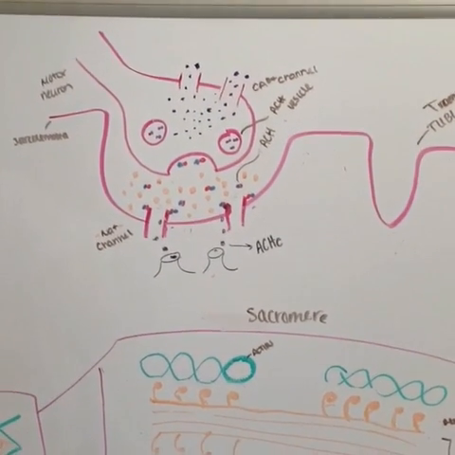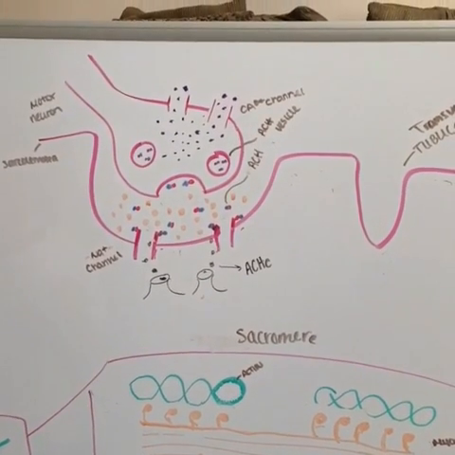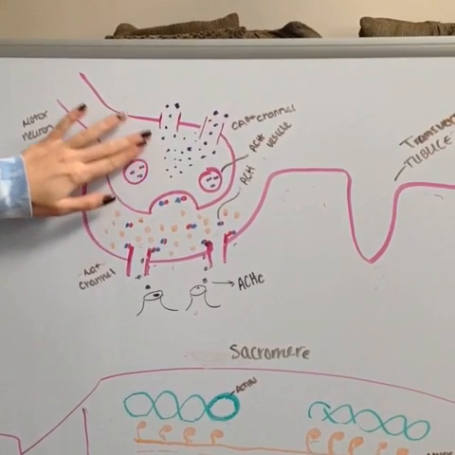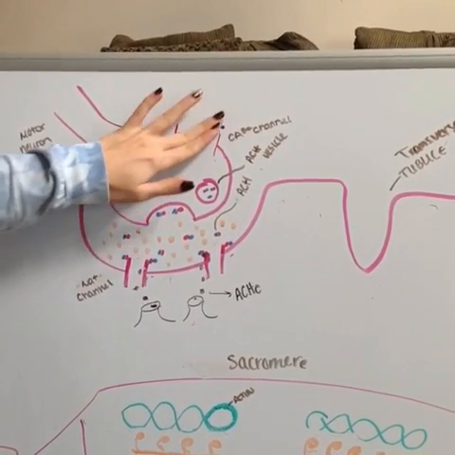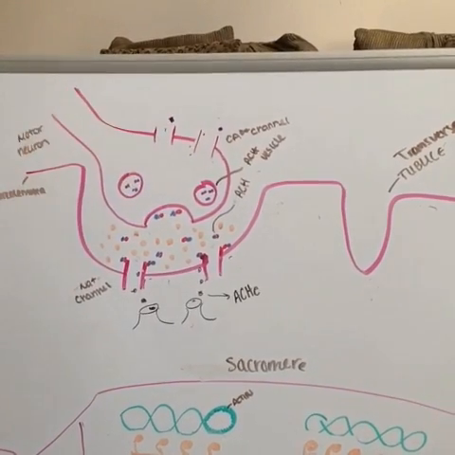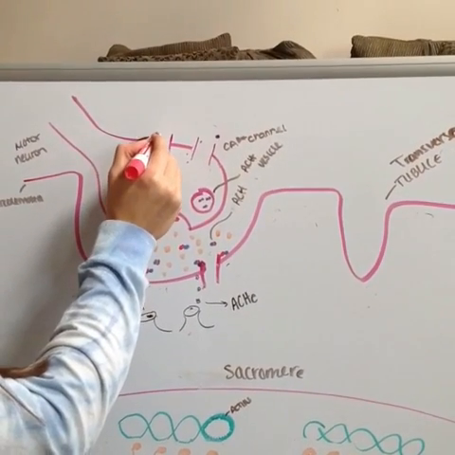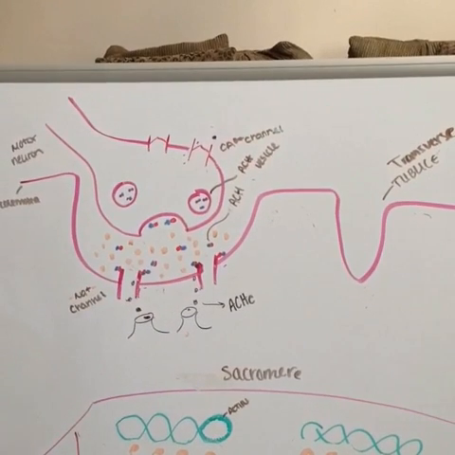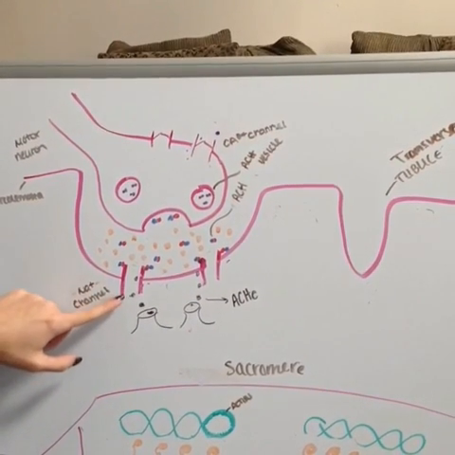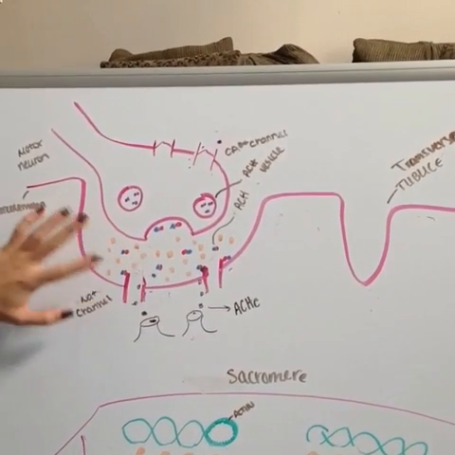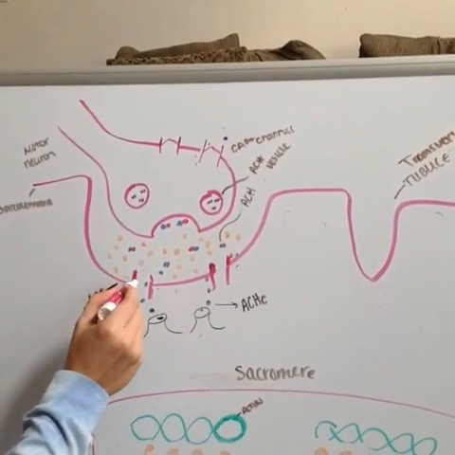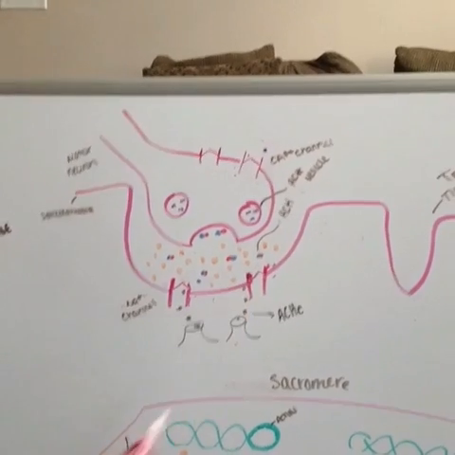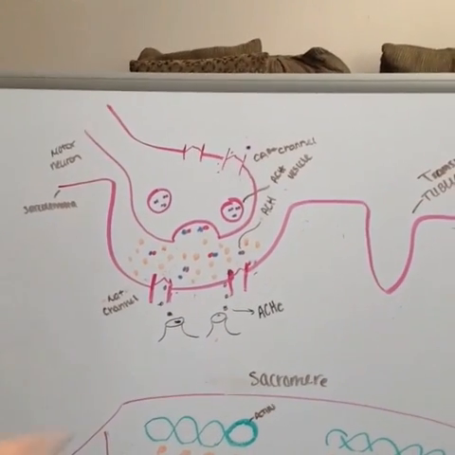Since the action potential then went back to the brain, the calcium in the synaptic bulb retreats, and then the sodium channels get cut back off. And then the ACH comes in and detaches from the sodium channels, which then closes these off too, so the sodium is not rushing back into the muscle cell.